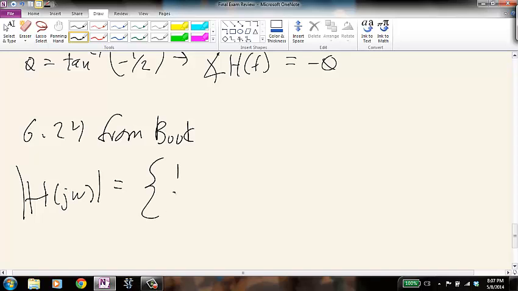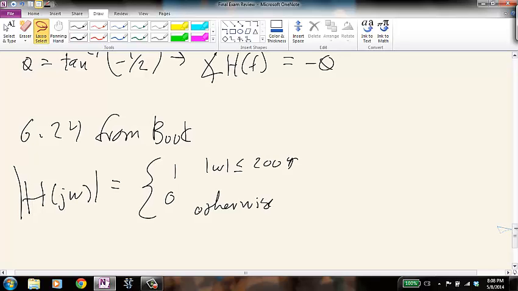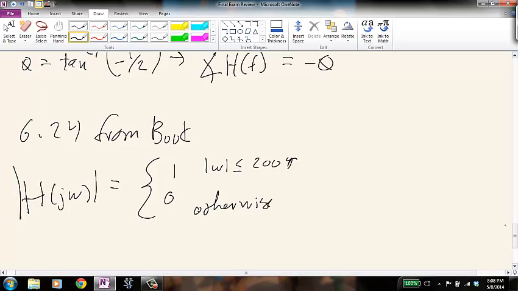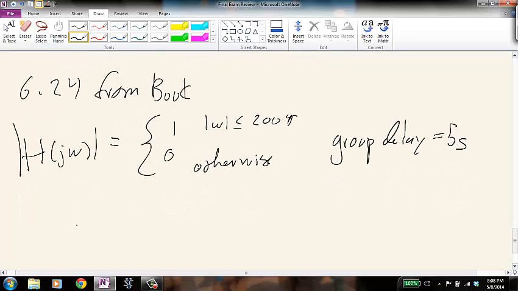So it's a rect. It tells you that this is the magnitude, and it says group delay equals 5 seconds.